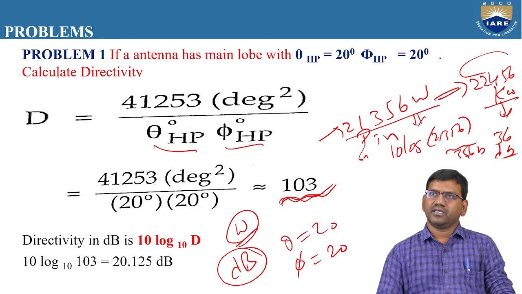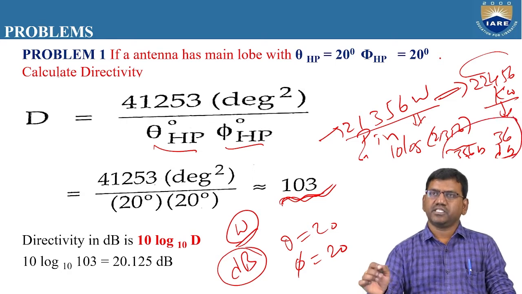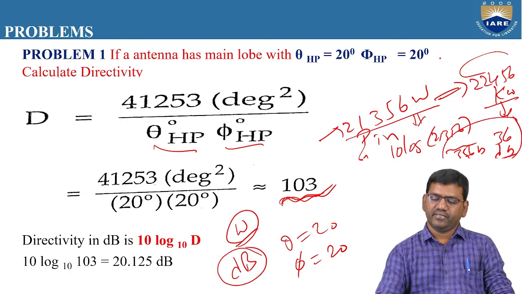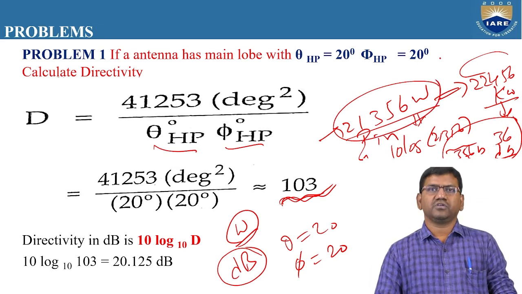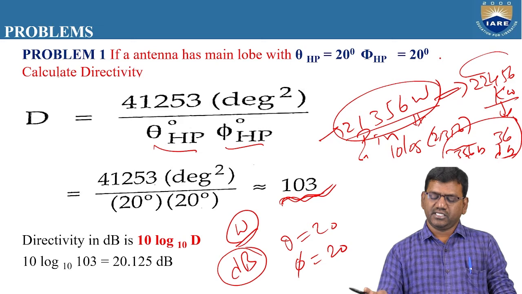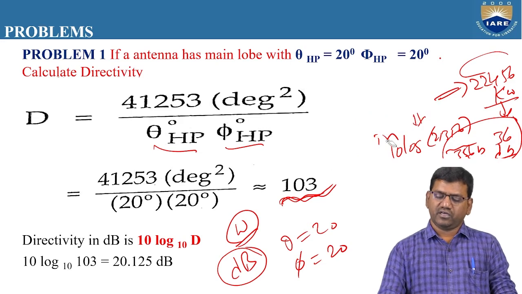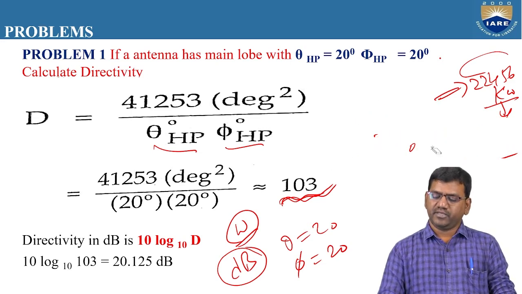It is very easy for us to remember these values, 35 dB and 36 dB, when compared to the larger values 21,356 or 22,456. This is the reason why all the values are represented in dB in antennas and wave propagation.